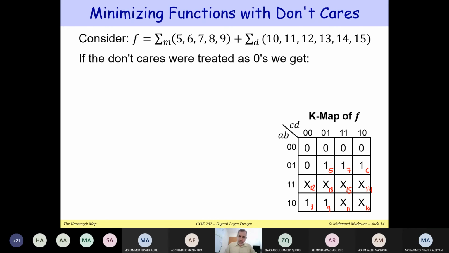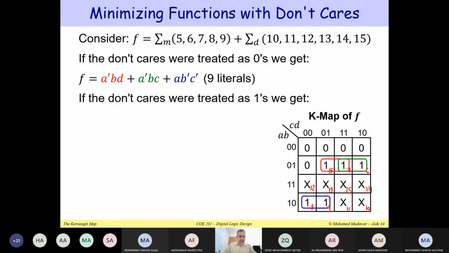Right, so if we treat all the don't cares as zeros, then these are my prime implicants and these are essential. So we get this long expression that has 9 literals if we make them zeros.